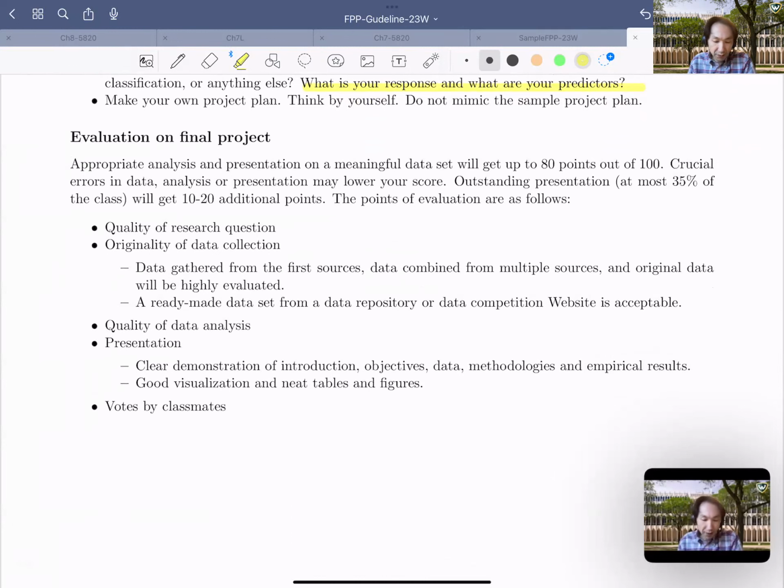And finally, the evaluation of the final project: the quality of the research question, originality of data collection, the quality of data analysis and the presentation, and the votes by classmates.